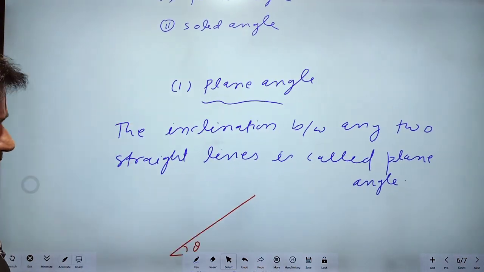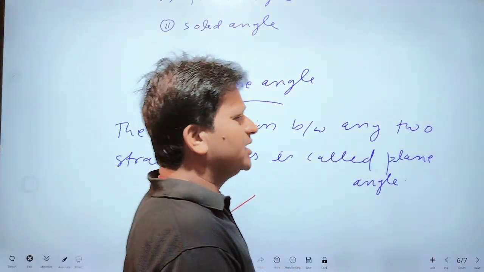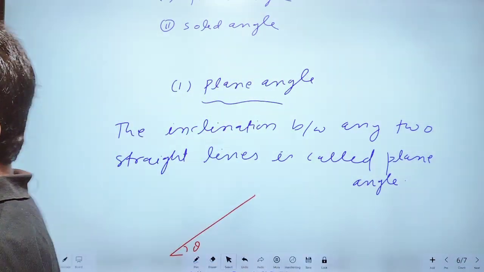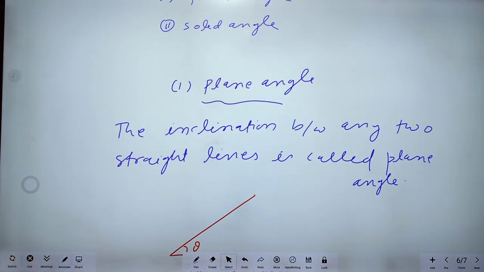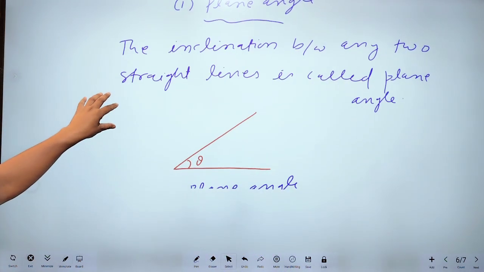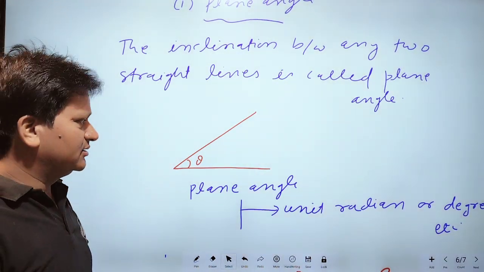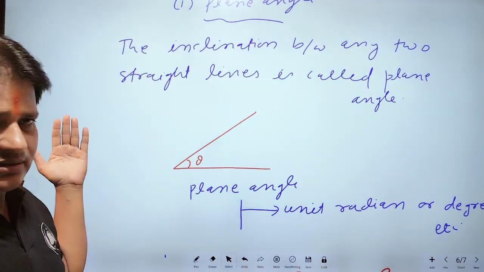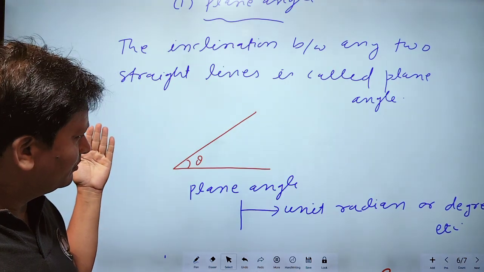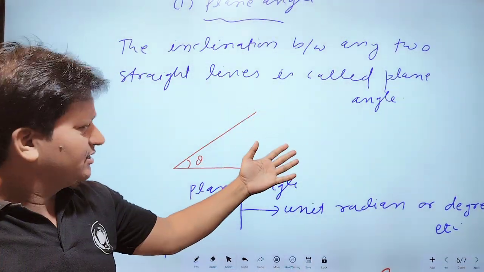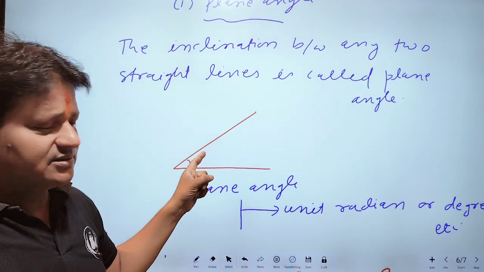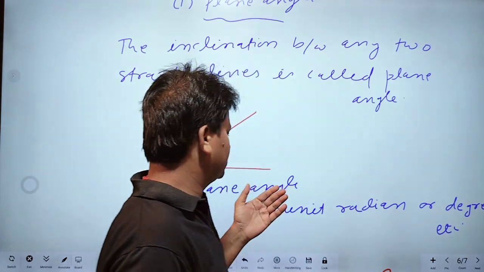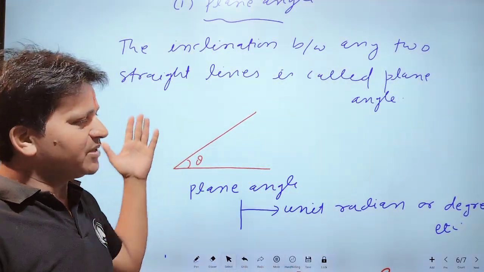What is plane angle? You have already studied plane angle in previous classes. The inclination between any two straight lines is called plane angle. This is plane angle. If I move my hand parallel to this, then these two lines do not touch my hand.